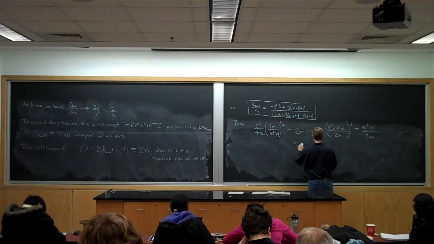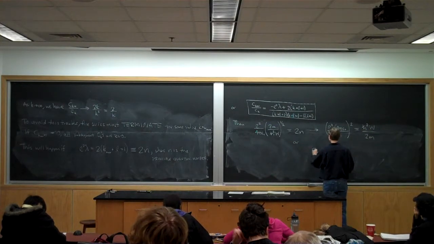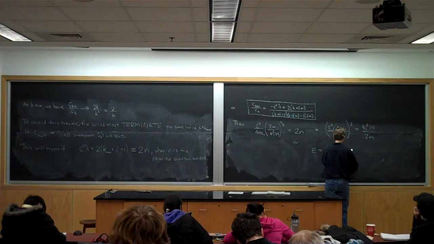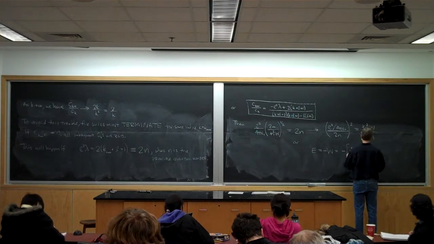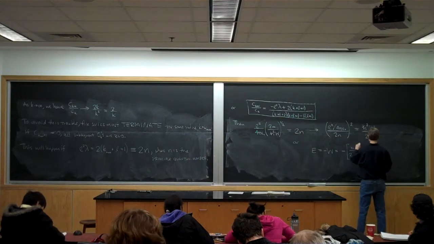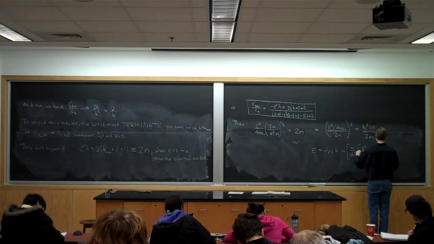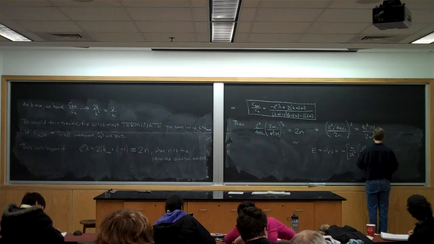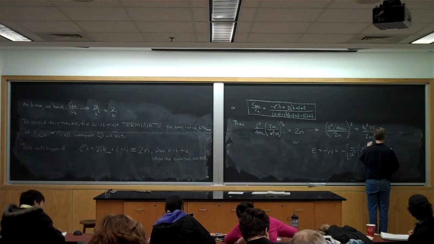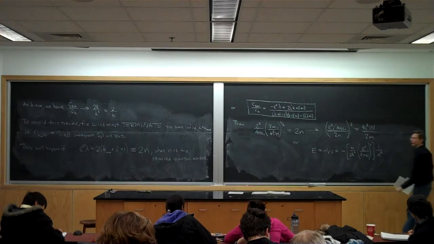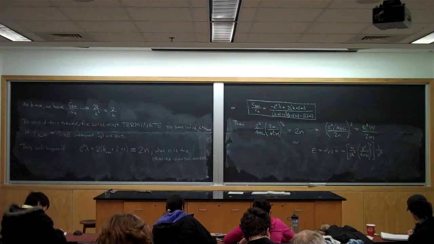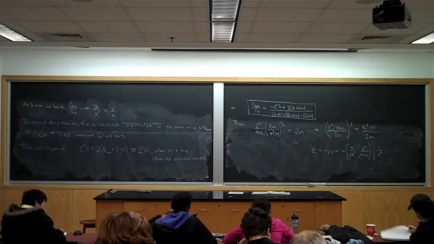Or, in other words, E, which is minus W, is equal to minus m over 2 h bar squared times E squared over 4 pi epsilon naught, the quantity squared, times 1 over n squared. The energy goes like some minus thing times 1 over n squared.